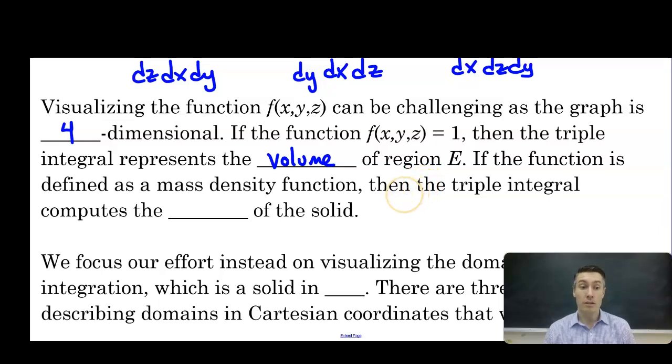And if the function is defined as a mass density function, then the triple integral computes the mass of the solid. So these applications that we learned about with double integrals now become the motivation for triple integrals, because we can extend the conversations now to 3 dimensions. Right? We can find the mass of a 3-dimensional solid. Whereas a double integral, it was a 2-dimensional solid we call the lamina.